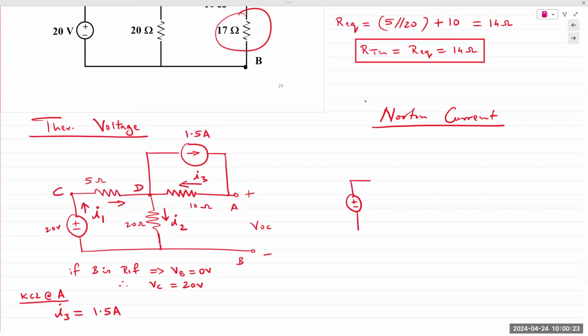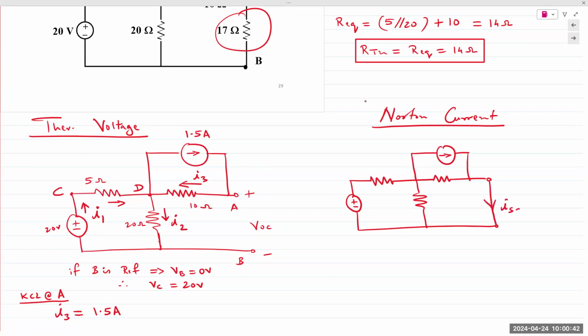Plus minus, and then a 1.5 amp current source, and a short circuit wire at the far end between A and B. This is 1.5 amps. This is 5 ohms, 10 ohms, and 20 ohms.